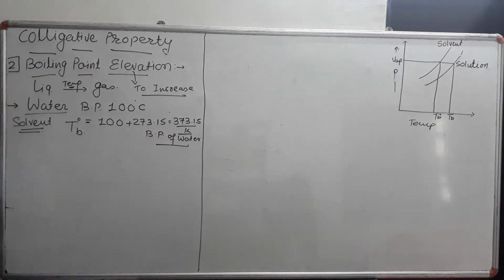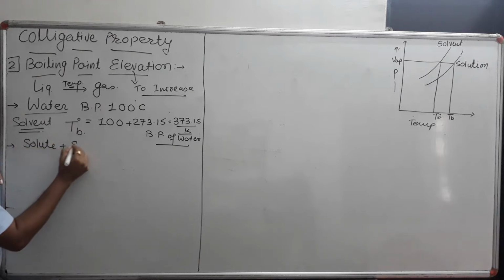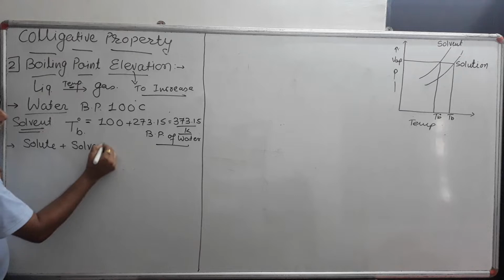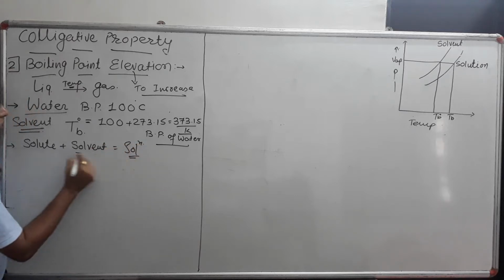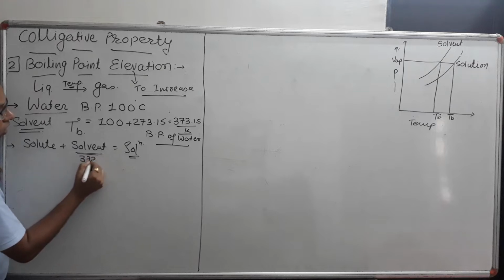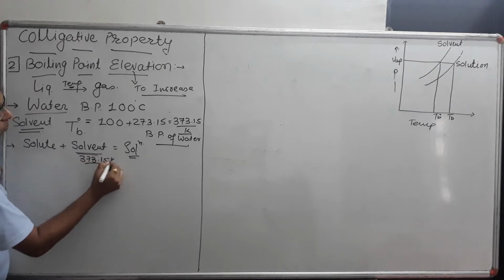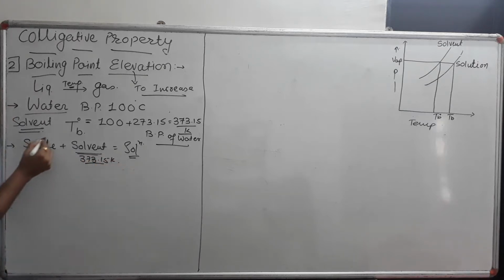So the initial boiling point of the water or solvent is 100 degrees Celsius, that converted into Kelvin is 373 Kelvin. Now friends, in water if we add any solute into the solvent, then what is prepared? A solution is prepared. This solvent is water already, it has a 373.15 Kelvin boiling point, but when this solute is added to the solvent, some particles of the solvent will be accommodated with the particles of the solute.